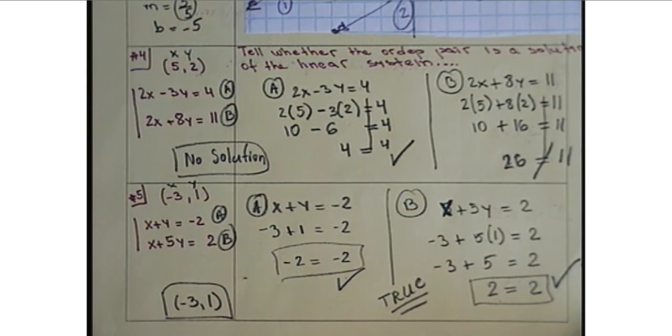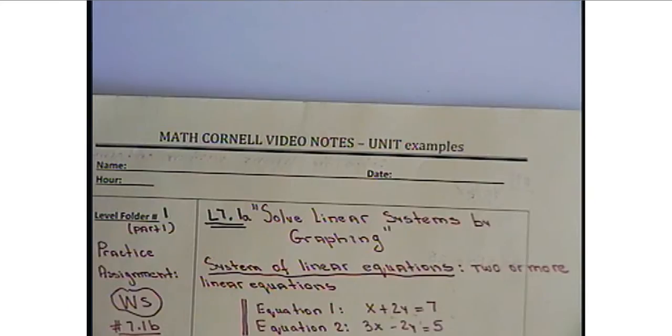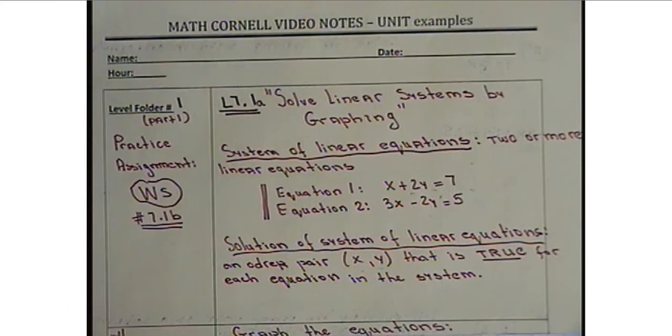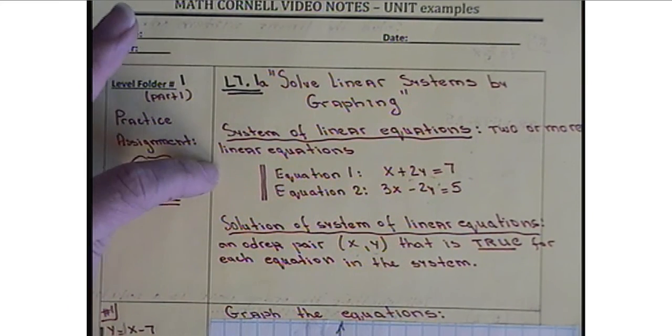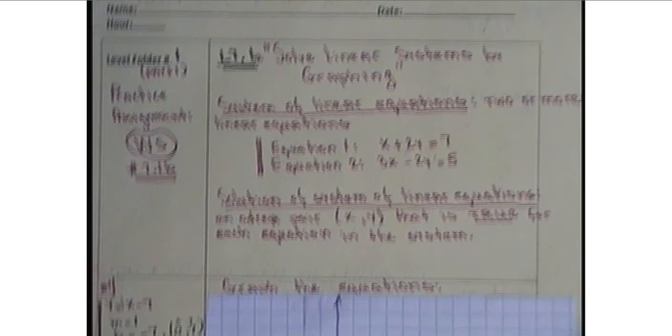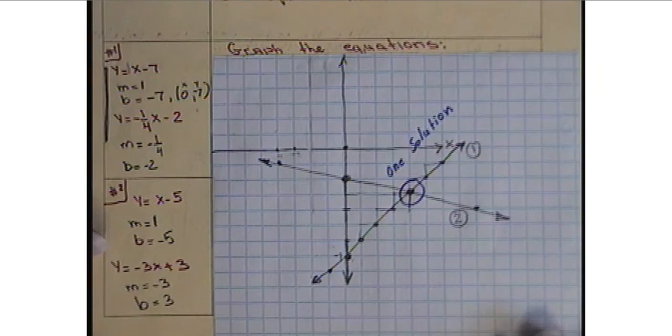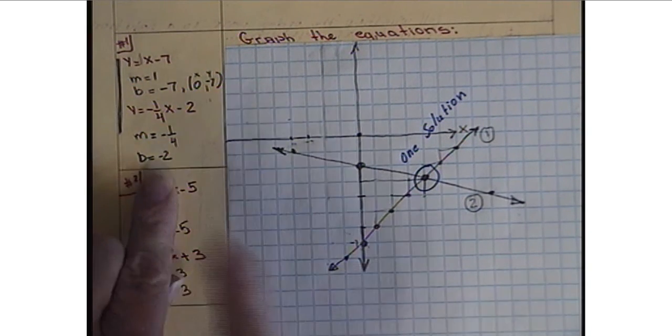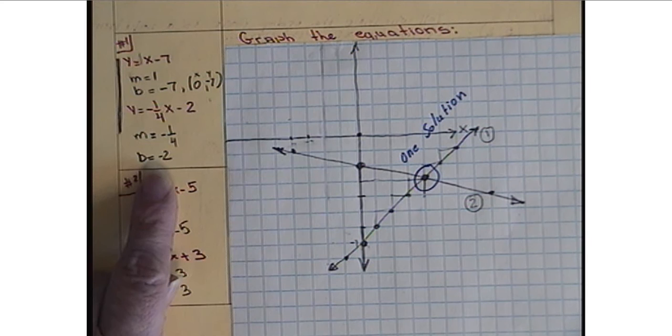And before I finalize everything, I just want to do a quick summary of what we just discussed. So we began with solving linear systems by graphing. We learned that in order to have a linear system, we need at least two equations. When you are given two equations, your job is to find out what the slope and y-intercept are.